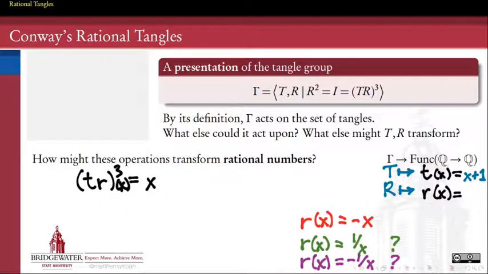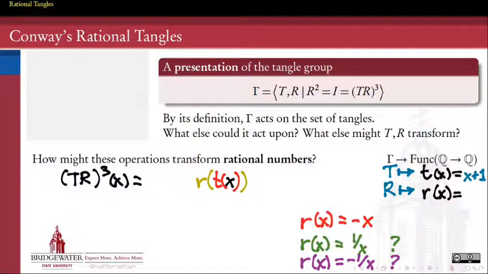So we run into a little bit of notational irritation here when it comes to using function notation. So I want to be really careful. TR cubed of x means take x and then first apply T to it and then apply R to it and then apply T again. So now I can see that there's kind of a limitation to how function notation works, where we read these compositions from left to right, when we start using actual function notation, we tend to read it from right to left.